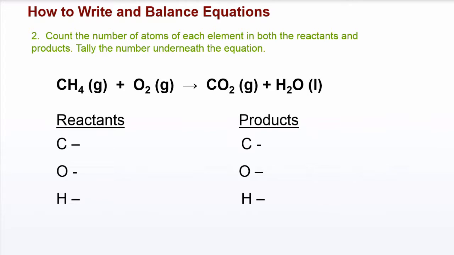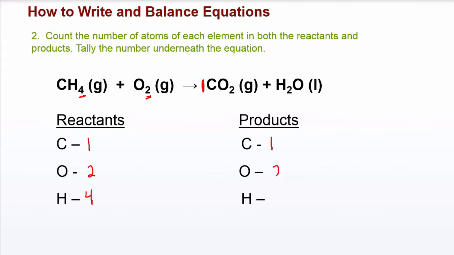So here we've got our reactants on the left, so we'll count them up. It looks like we've got 1 carbon, we've got 2 oxygens, and then we've got 4 hydrogens. And then in the products, again, we've got 1 carbon because it's unwritten, so it means 1 there.